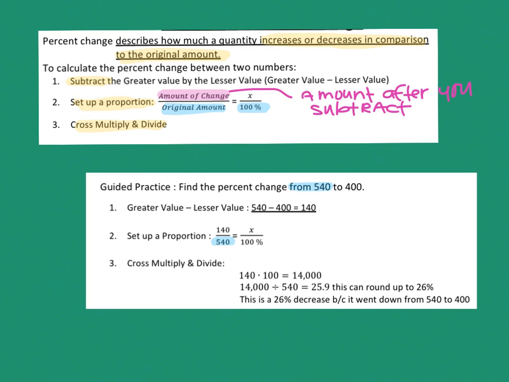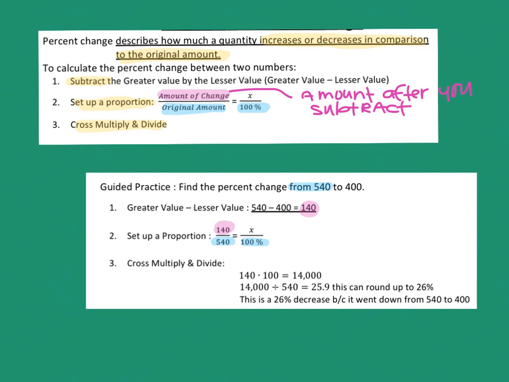The number it's starting from goes on the bottom, as well as 100 for the second ratio or fraction. Then when I subtract these two numbers, 540 minus 400, the answer I get is 140. That answer goes above the original amount.